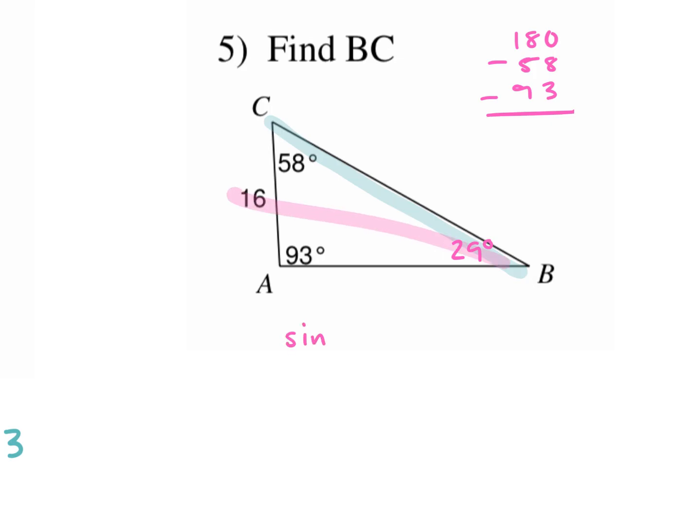So I can say sine of 29 over 16 is equal to, now since it's asking us to find BC, what angle do we want to use? Angle A, perfect, because that's opposite of BC, which is going to be side A. So I can say sine of 93 over A. Now, how could we solve for A?